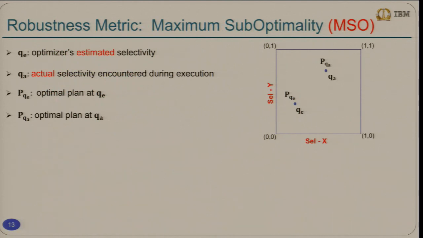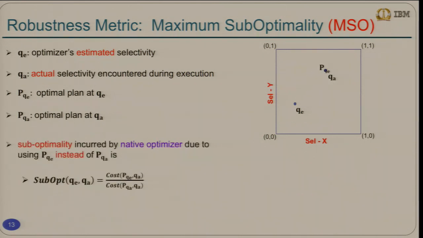Okay. So if you model the existing database engines, the situation looks as follows. QA is your actual selectivity for the instance, and QE is what the database engine thinks is the selectivity. So at QE it is going to pick the optimal plan P of QE, whereas it should have actually picked P of QA, and then it is going to execute using P of QE.